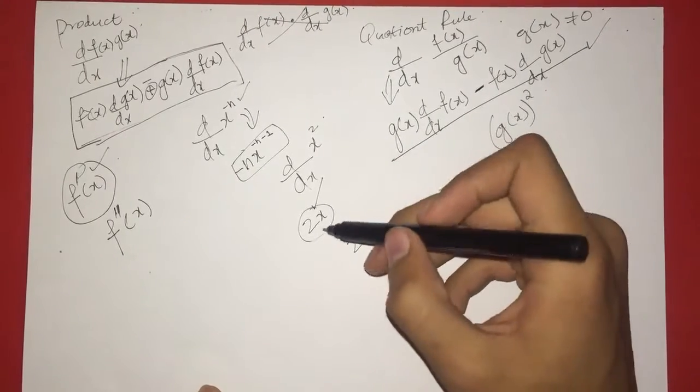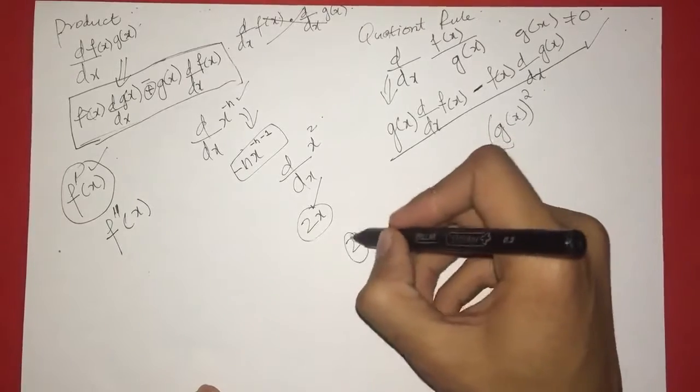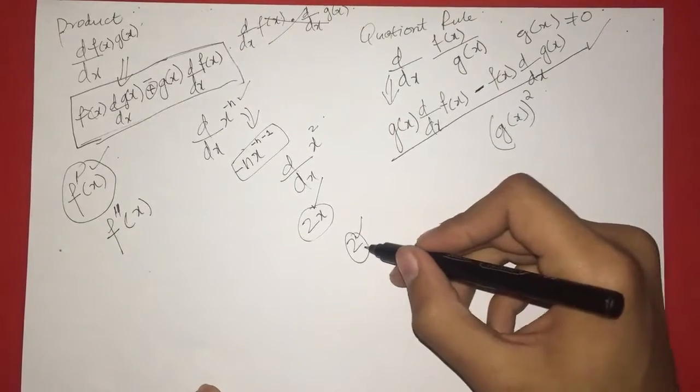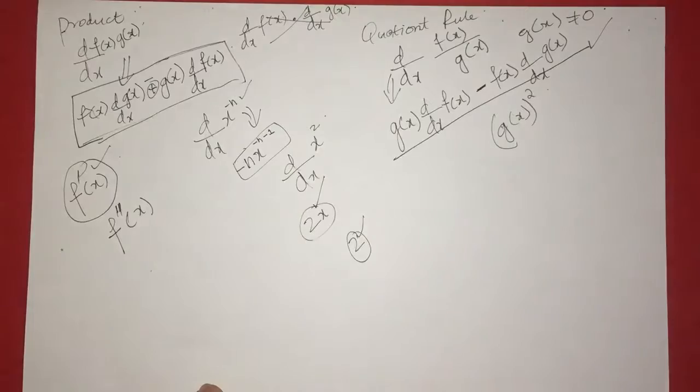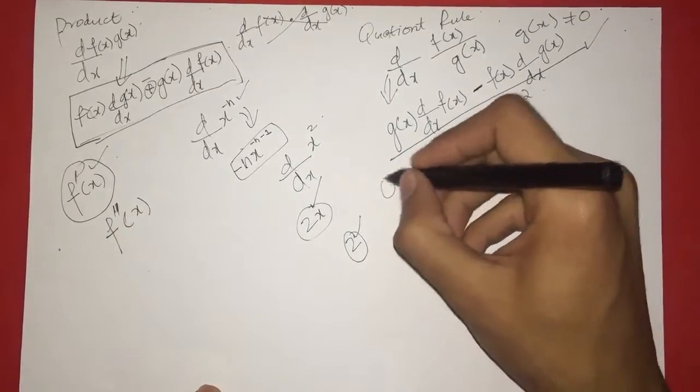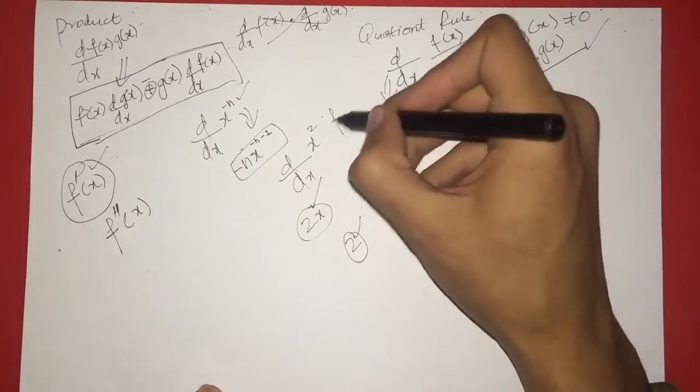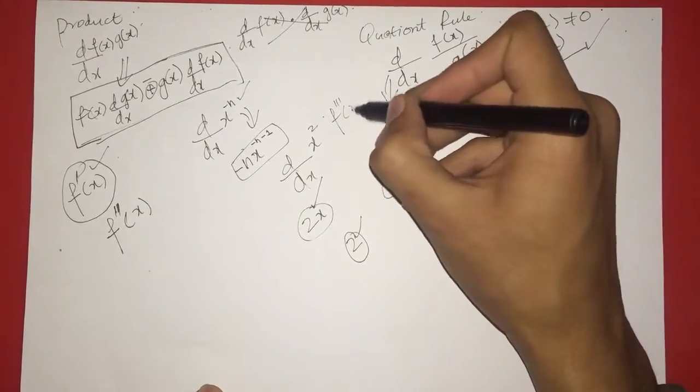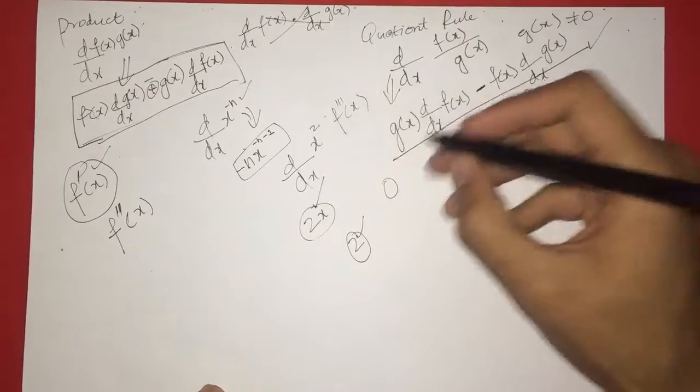If I take the derivative of x squared 2 times, I get 2. If I take the derivative again, you remember that I stated earlier that the derivative of any constant is 0, so the third derivative of f of x when f of x equals x squared is 0.